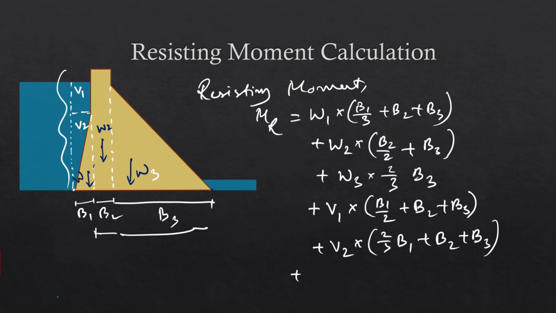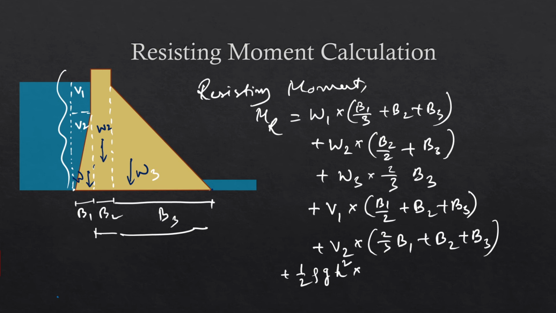So the hydrostatic pressure will be rho g into small h, which is the pressure. Then the pressure force because of that we can calculate as half rho g h squared.